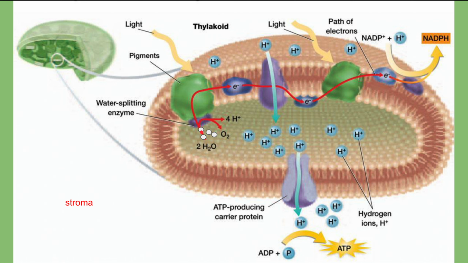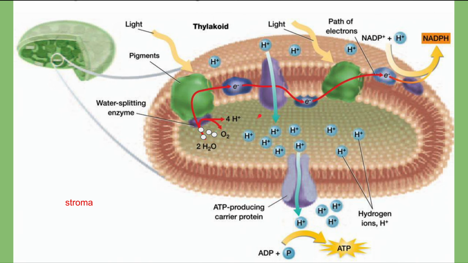So, let's imagine this little dot is an electron, okay? Little red dot. It moves up and it's really excited in the pigment, and it keeps being excited as it moves through carrier proteins. Then you hit a block.